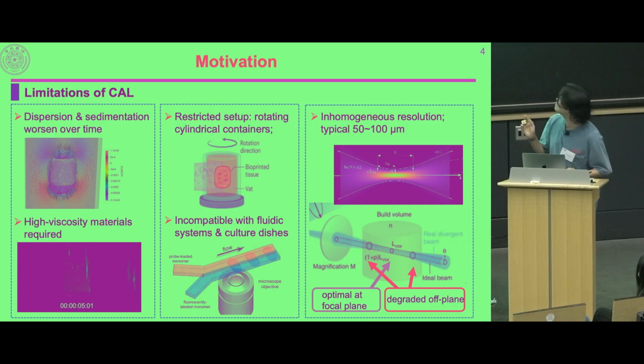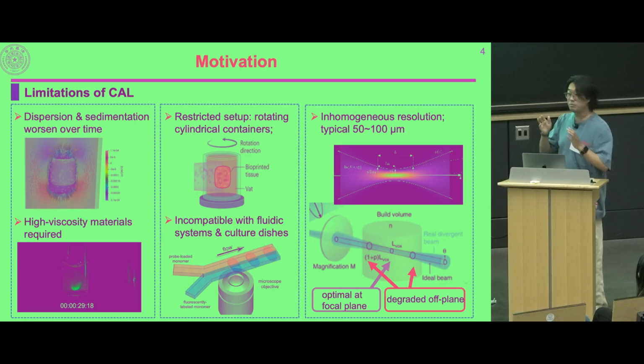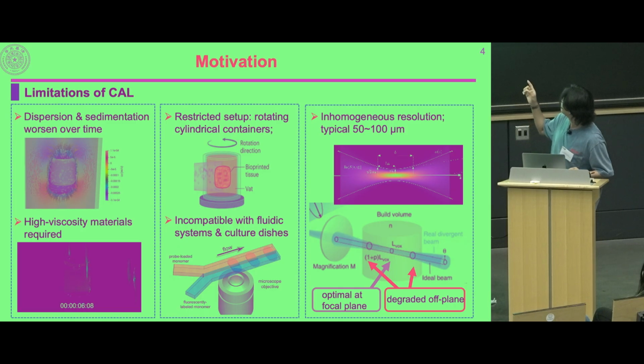Another issue is the non-uniformity of the focal resolution for CAL. Due to the limited focal depth, the resolution across the 3D printing volume is not very uniform. So we focus on these two points.